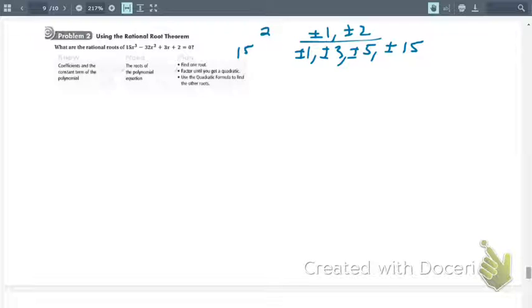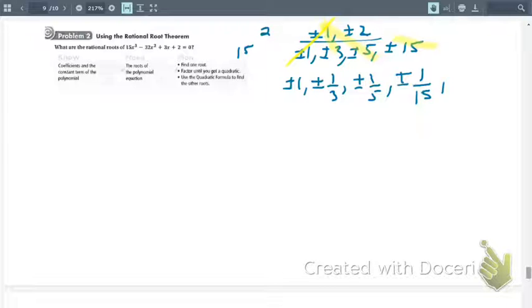So our list: 1 over 1, plus or minus 1. 1 over 3 is plus or minus 1/3. 1 over 5, plus or minus 1/5. 1 over 15, plus or minus 1/15.